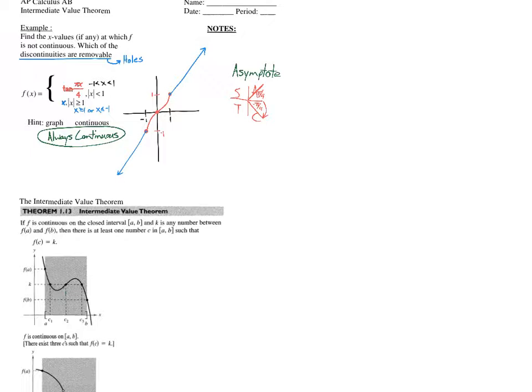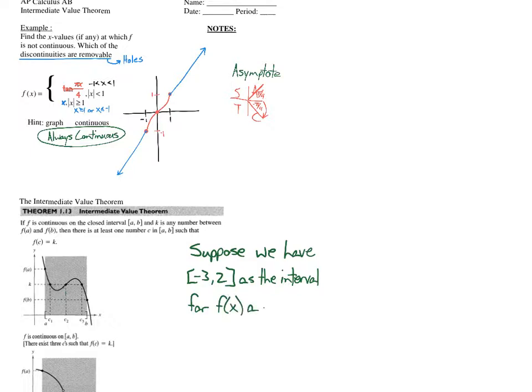Okay. So let's suppose we have -3 to 2 as the interval for f of x above.